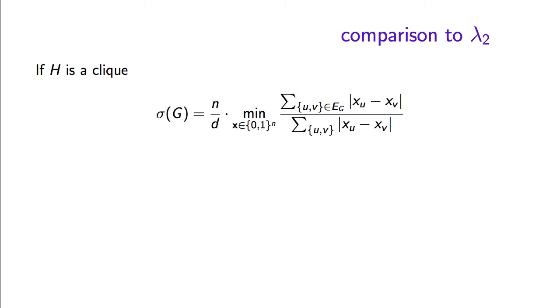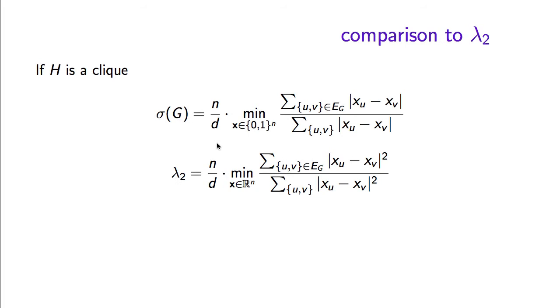Then the sparsity of the input G, H is just what we defined previously as being the sparsity of G. When we proved the easy direction of the Cheeger inequality, we observed that lambda 2 can also be characterized as the same minimization problem that gives us the sparsity of a graph, except that instead of optimizing over Boolean vectors, we optimize over real vectors. And instead of just taking the difference, we take the difference squared. For Boolean vectors, taking the difference or the difference squared is the same.